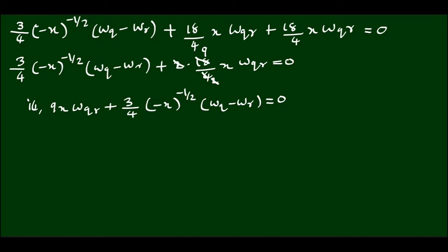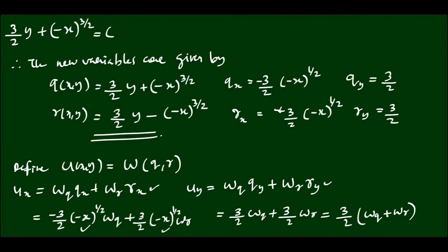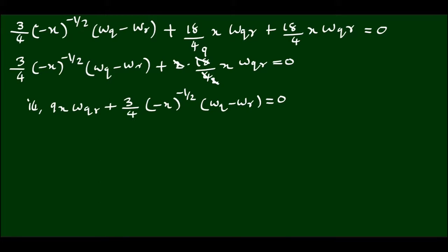For that, we will be using these two equations. Number these equations as 2 and 3. From 2 and 3, we can represent x in terms of q and r. So we can use 2 and 3 to eliminate x from equation number 4.